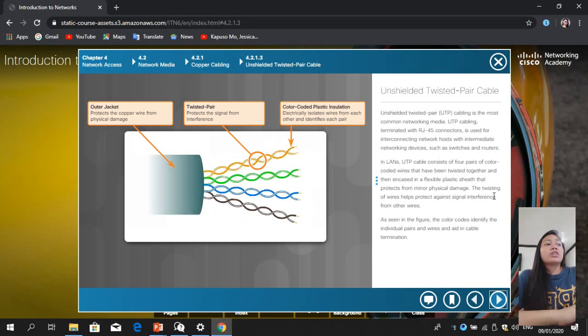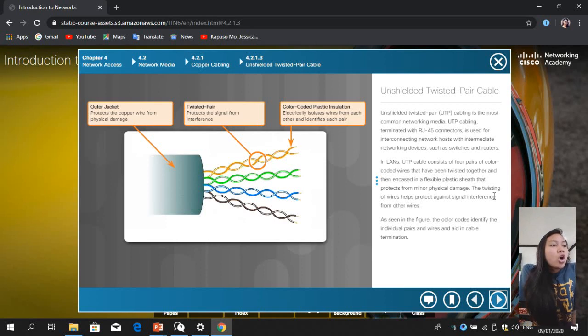Also, we study the unshielded twisted pair cable. In the unshielded twisted pair cable, there is an outer jacket on the outside, and on the inside there are twisted pairs and color-coded plastic insulation. The outer jacket protects the copper wire from physical damage, while the twisted pair protects the signal from interference.